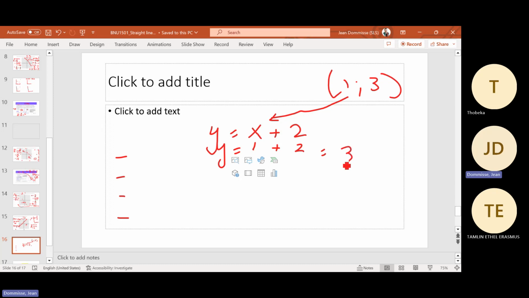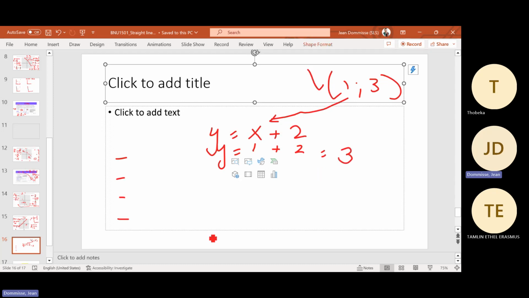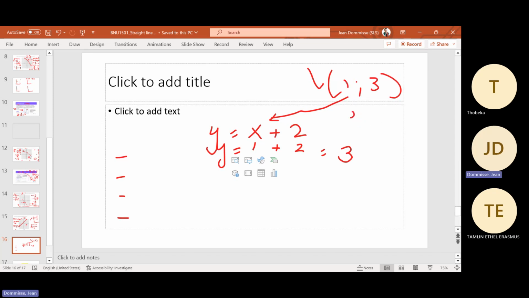Okay, so then that is a point on that line, because when you put in 1, you get 3. So let's say one of the points was 0 and 5. So again, if we say 0 plus 2, 0 plus 2 is equal to 2.